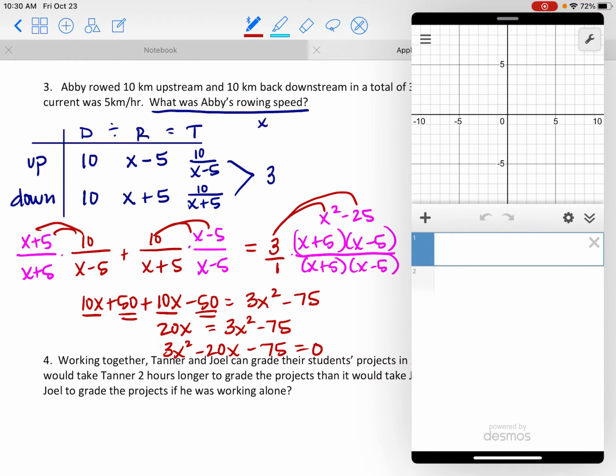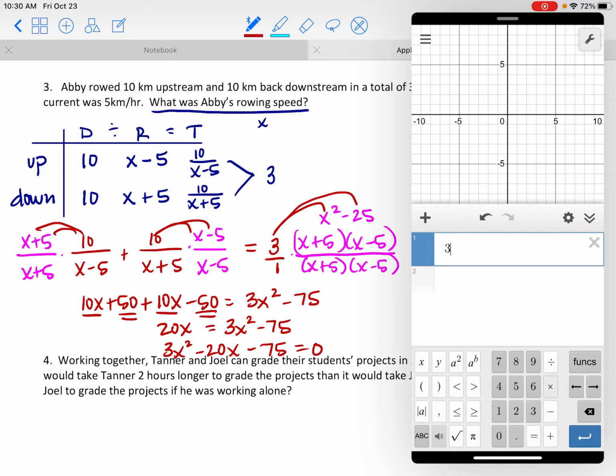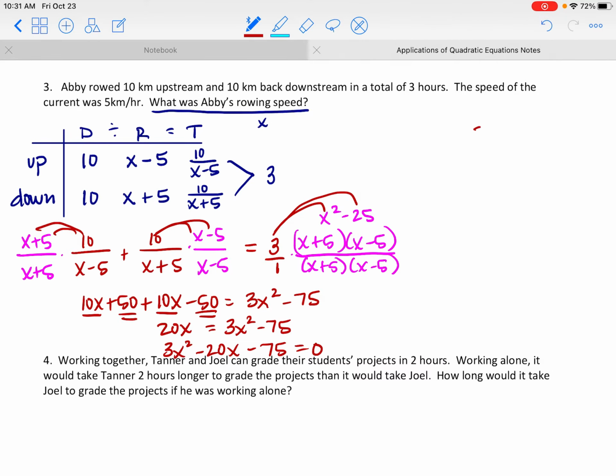And is it going to factor? So let's see, 3 times negative 75 is a negative 225. We need some factors that are going to make 20. Let's see, we used 3 and 75. That's not going to be a difference of 20. 5 goes in 45 times. That's not going to do it. 25 goes in 9 times. 15 times 15.